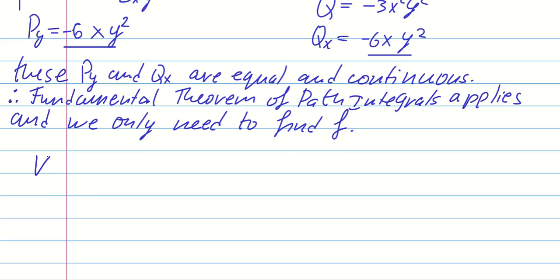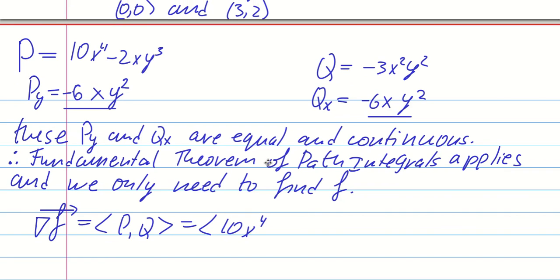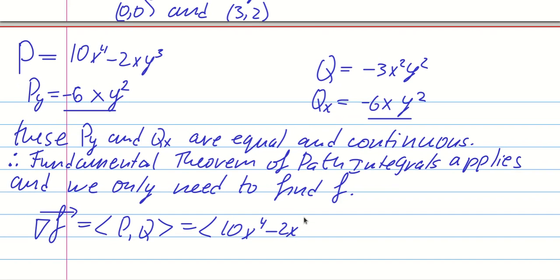So what do we know? We know that the gradient of f is equal to p comma q, which is 10x to the 4 minus 2x cubed for p and negative 3x squared y squared for q.